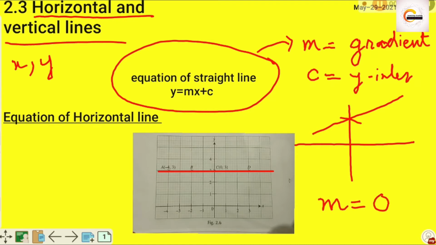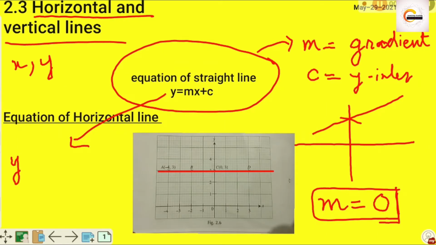So from this equation, I'm going to put the 0 for m. Anything multiplied by x by 0 is 0. So the equation of a horizontal line is y equals c.